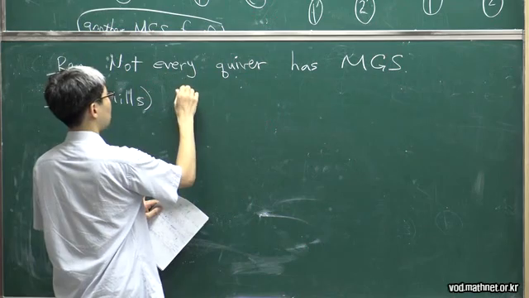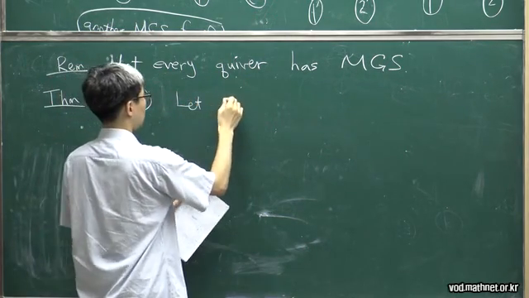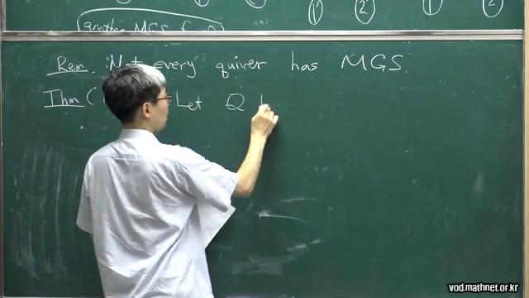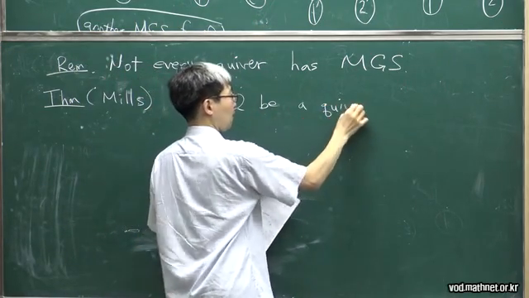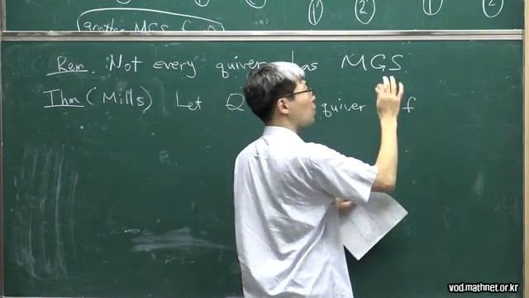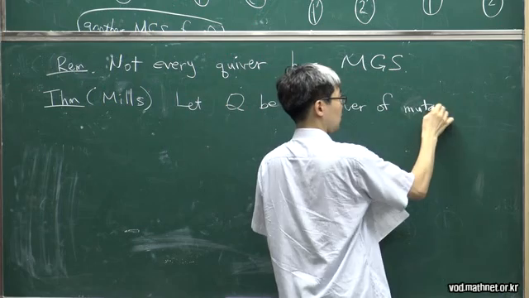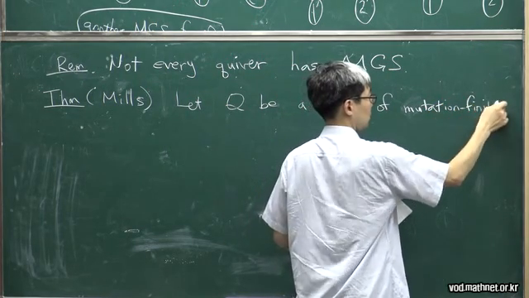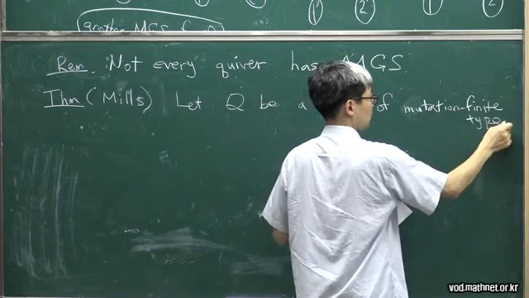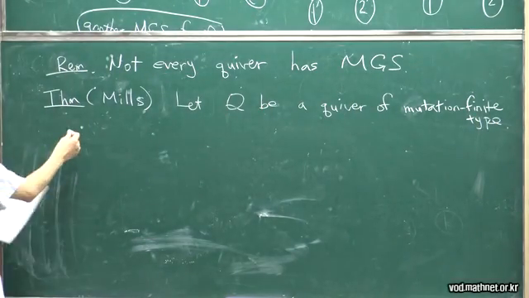So I'm going to go back to mutation finite types, quivers of mutation finite type. So the mutation class has only finitely many quivers.